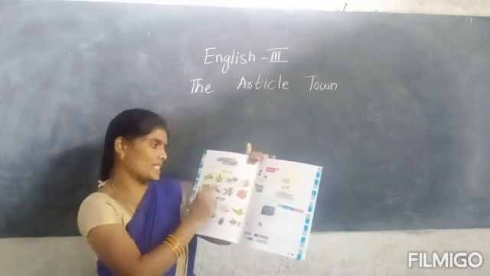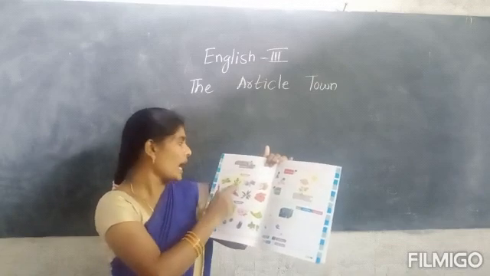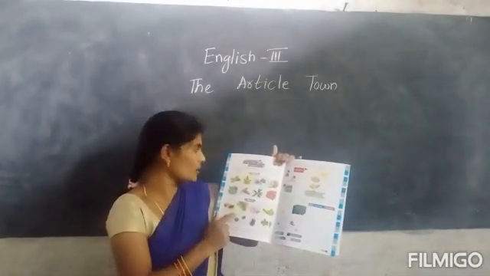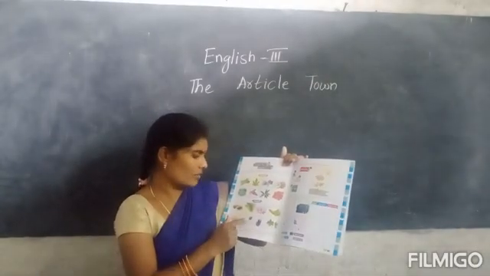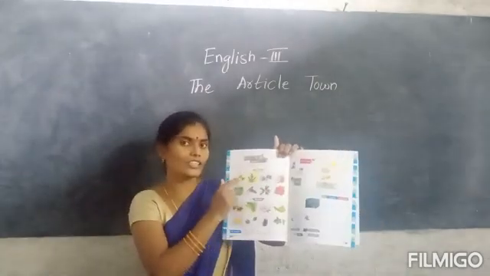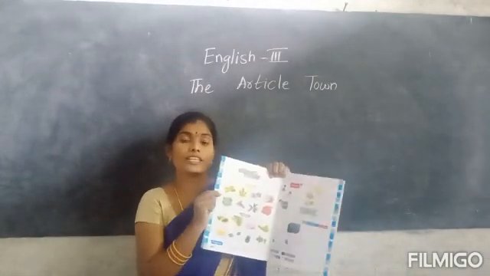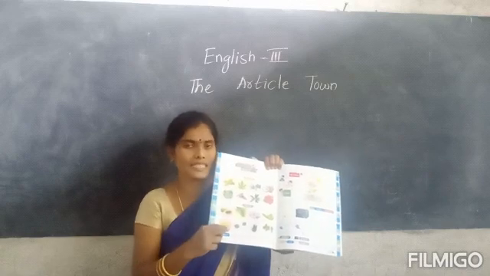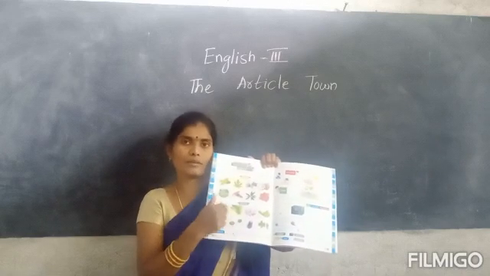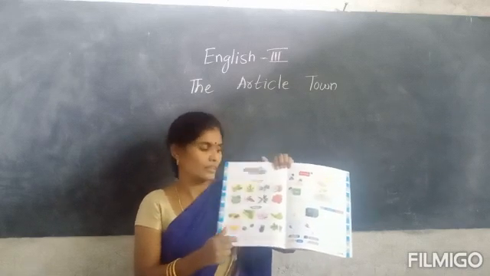Parts of some plants are given in group A, and parts of the flowers which are related to part A are given here. You must give the number. Okay?